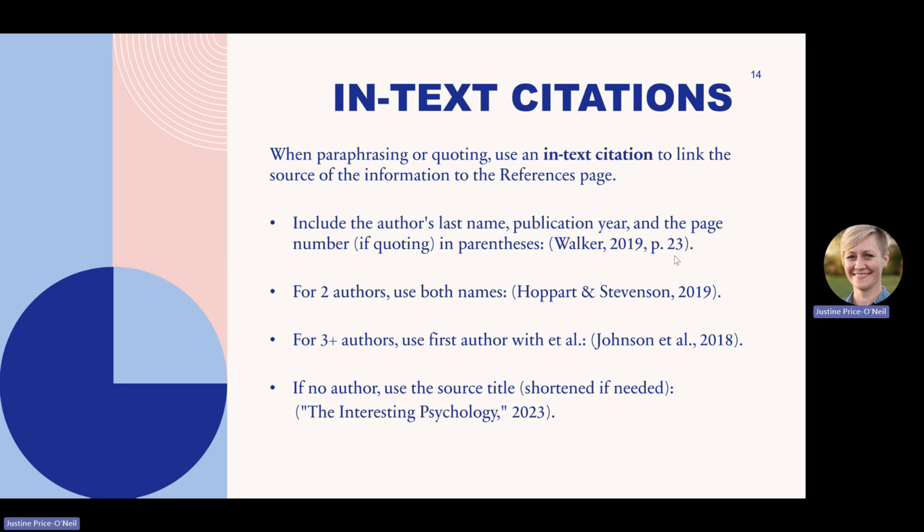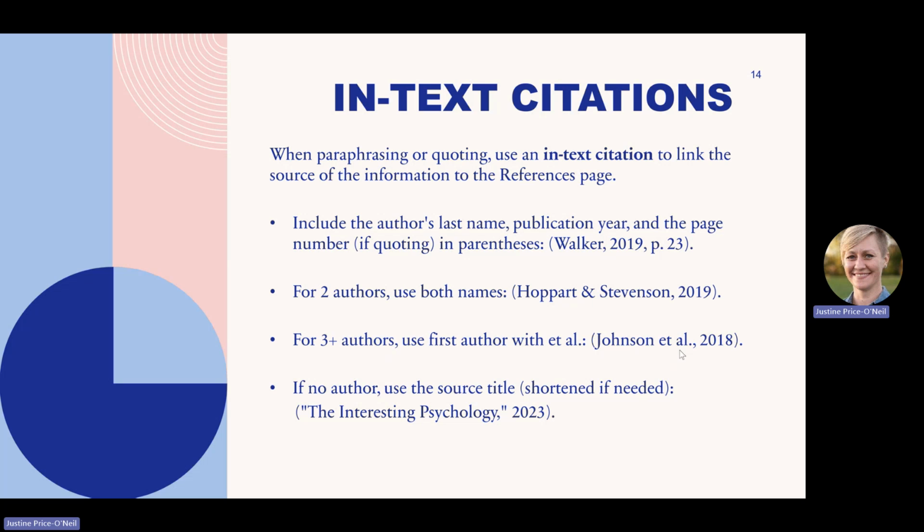Now, if you have two authors, it's the same thing, but you would include both last names and use the ampersand sign. In this case, there was no page number, so it's just comma 2019, and that's the end of the citation. If you have three or more authors, you use the last name of the first author listed, in this case, Johnson, and then we have this et al., which means and others.